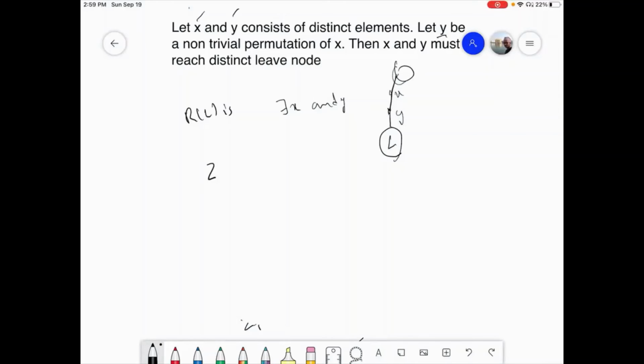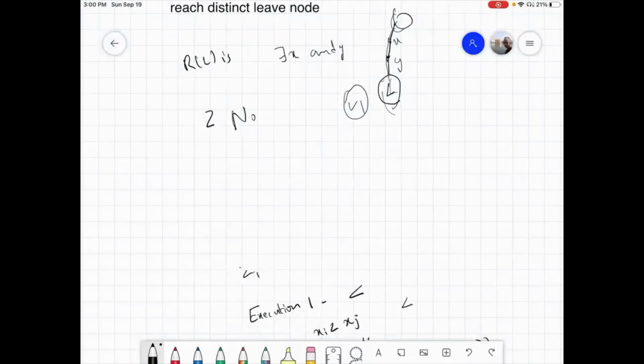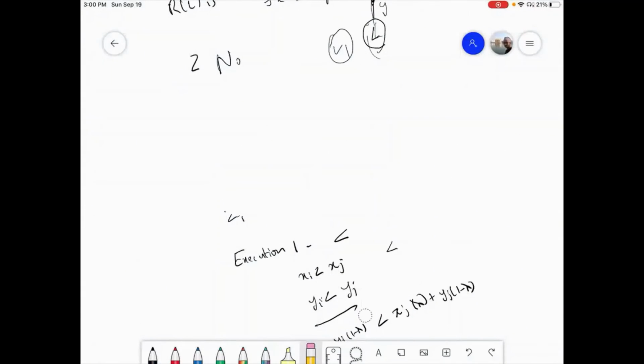When you prove that Z leads us to an answer no rather than to the answer yes, then we can say that rather than having the same path, X leads us to a different leaf node like L1, and Y leads us to a different leaf node like L. Okay, so let's see how we come to the conclusion.